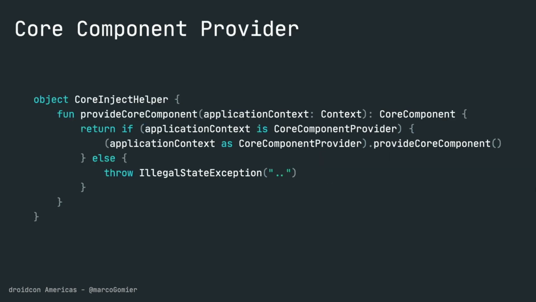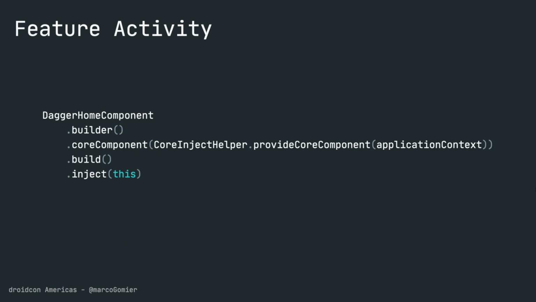To do this, there is a simple method that uses the application context to retrieve the core component. Then in the different feature activity or fragment or whatever, we can create the Dagger component specific for that feature, by also injecting the core component retrieved with the function that I just showed you.